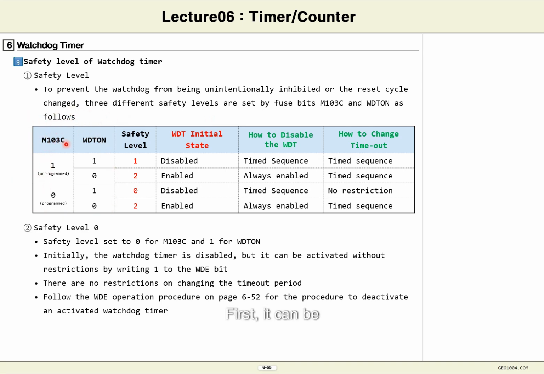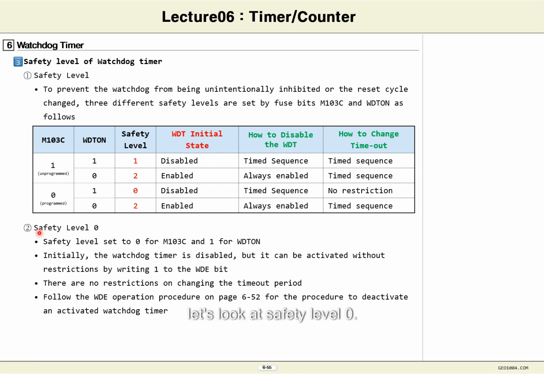First, it can be divided into cases where M103C is unprogrammed, 1, and cases where M103C is programmed, 0, with WDTON set to 1 or 0 for each M103C. The safety level will be 1, 2, 0, 2. So, the initial state of the watchdog, how to disable the watchdog and how to change the timeout, follow the following procedures.